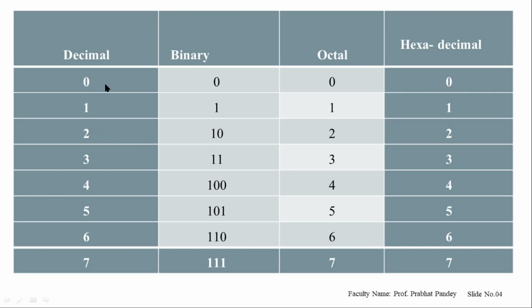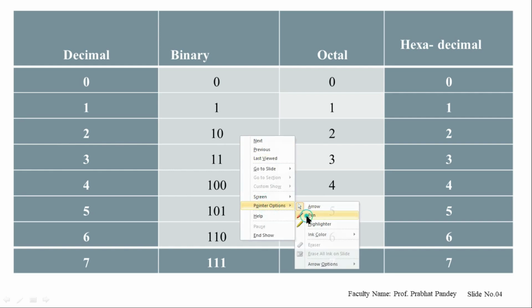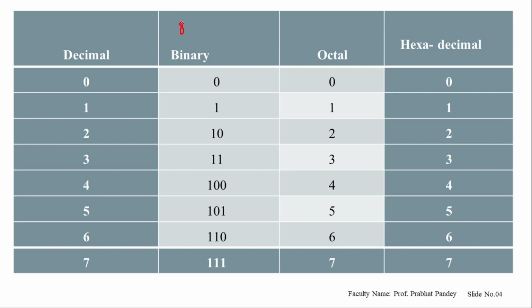Now see how we do the counting. In decimal we call 0 as 0, and in octal it is also 0, and in hexadecimal it is also 0. Similarly 1 is 1 here. In binary we write 2 as 1 0, because in binary we follow the 8 4 2 1 number system.